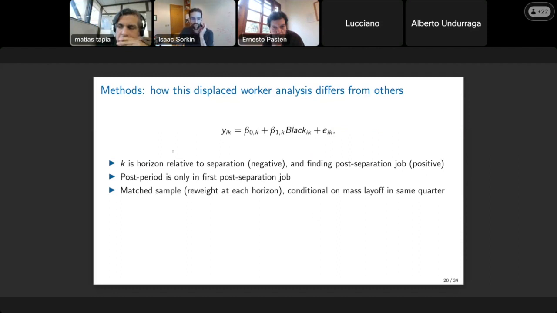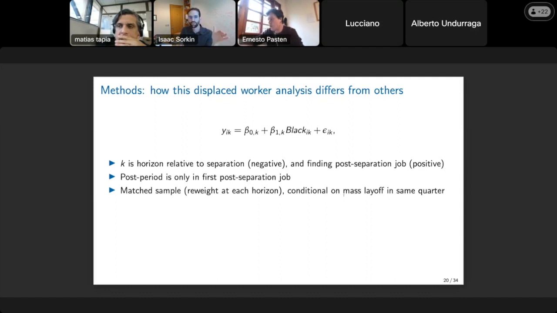K is the horizon relative to separation, so negative is before the separation and positive is after finding the first post-separation job. I'll only show you what happens in the first post-separation job, and I'll explain why in a second. Then I'll look in the matched sample, reweighted at each horizon, conditional on the mass layoff from the same firm in the same quarter.